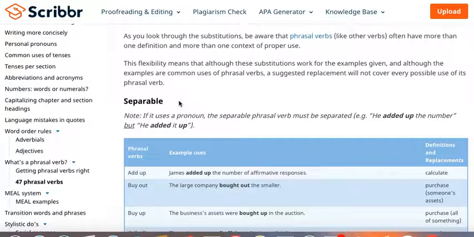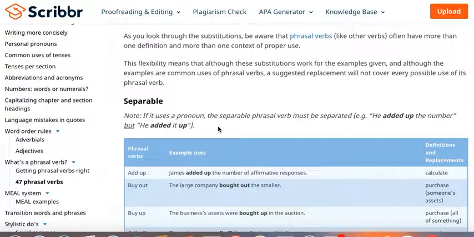Let's read some more. Separable. You know the verb separate? Separable is describing how you can separate the phrasal verb. Note, if it uses a pronoun, the separable phrasal verb must be separated. For example, he added up the number.